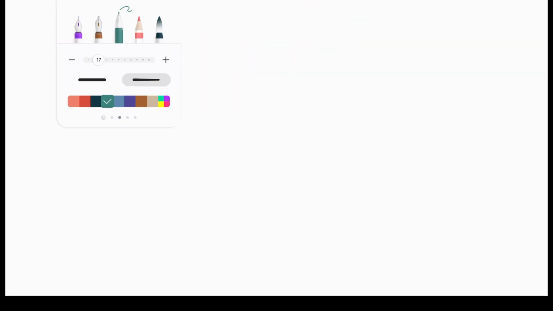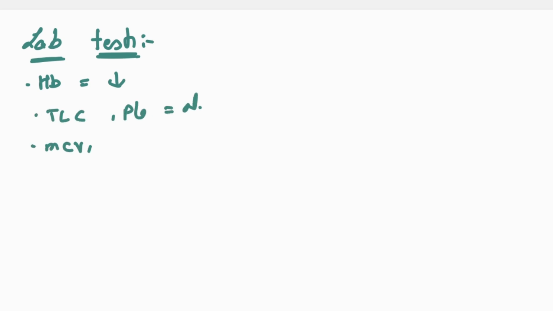Lab investigations. Lab test. As usual, hemoglobin will be decreased. TLC and platelets will be normal. MCV, MCH will be normal, but MCHC will be what?